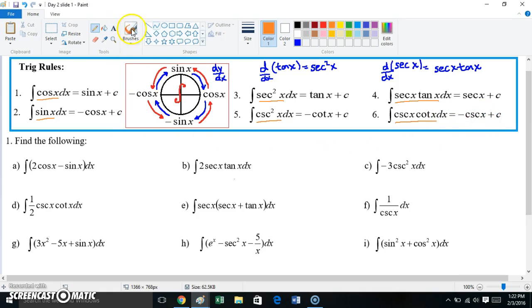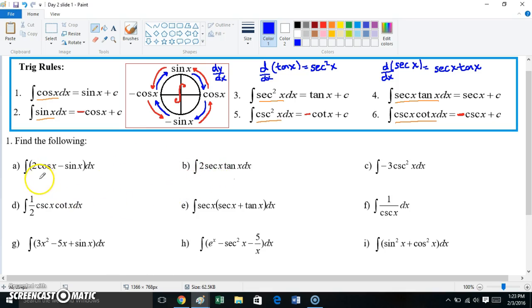Notice that all of the answers beginning with C are negative: negative cosine, negative cotangent, negative cosecant. So just try to remember your positives and negatives of the integrals.